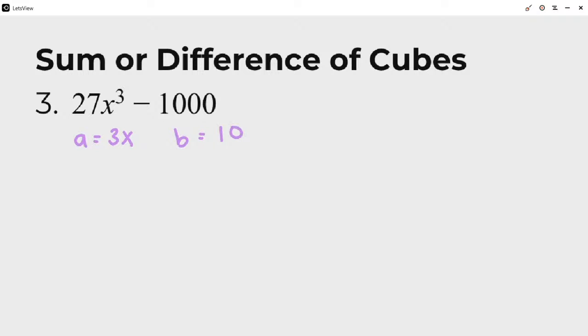So we can plug this into our difference of two cubes equation. So this would be a minus b times a squared plus 2ab plus b squared.